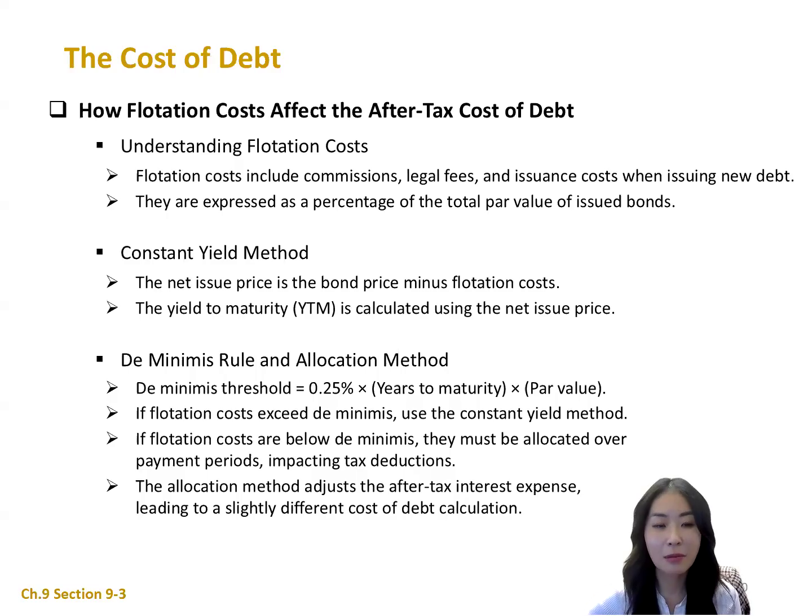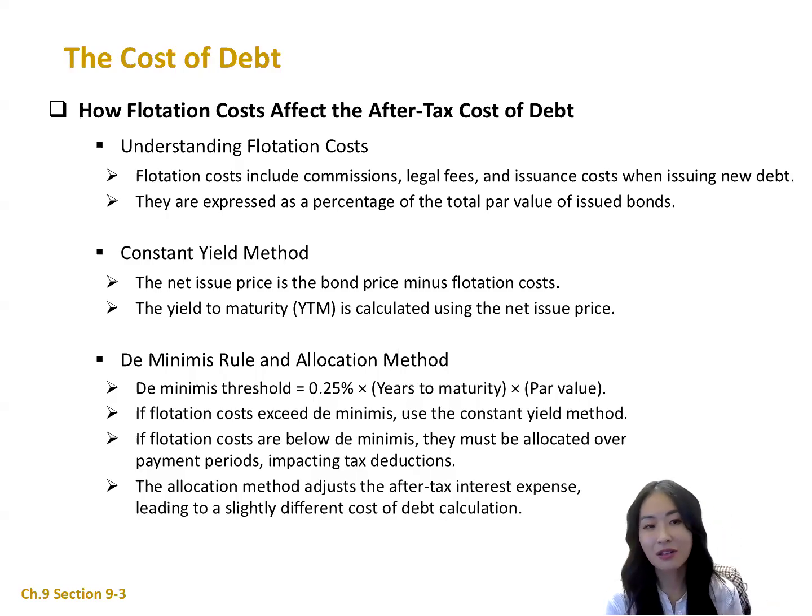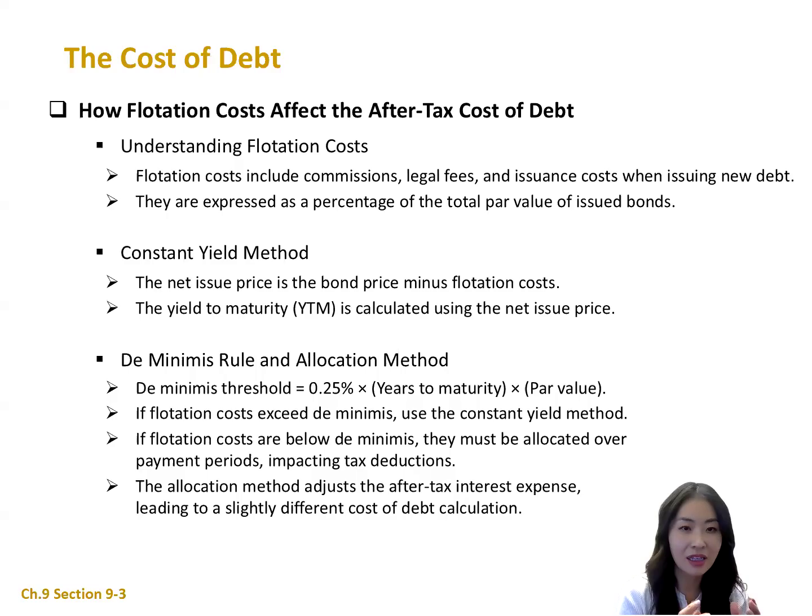The most common way to adjust for the flotation cost is the constant yield method. This is used for the net issued price. The net issued price is the bond price minus flotation cost, and YTM is measured using this net issued price. Make sense?